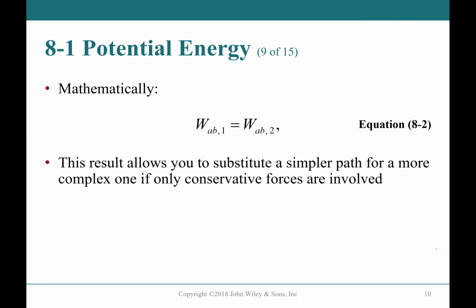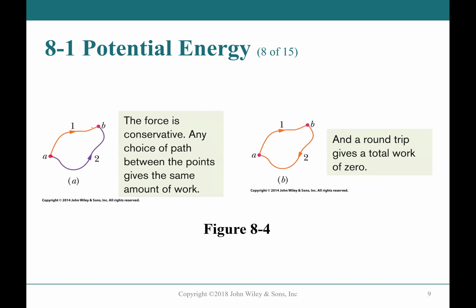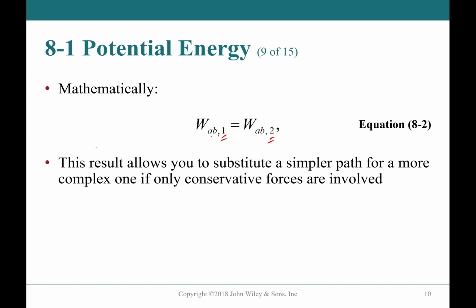Okay, and then mathematically we have here W_AB. What is this? This is the work done by the gravitational force using path 1, which will be equal to using path 2, going from A to B. You see, going from A to B, path 1 and path 2, you have the same amount of work.